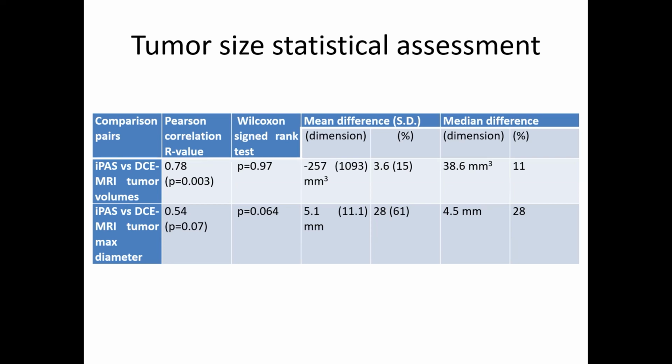On the other hand, for the iPAS versus dynamic contrast tumor maximum diameters, we had a much larger overestimation of 28% with the standard deviation of 61%. So this indicates to us that the volumetric measurements are considerably more reliable and similar to what we expect to be the gold standard.